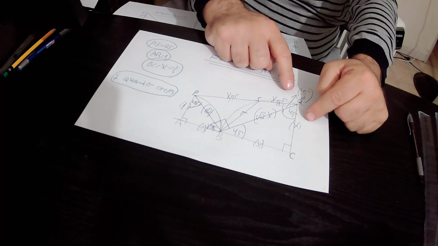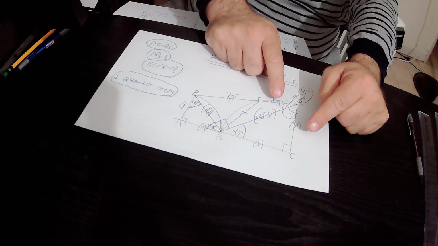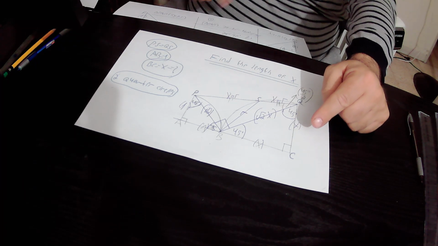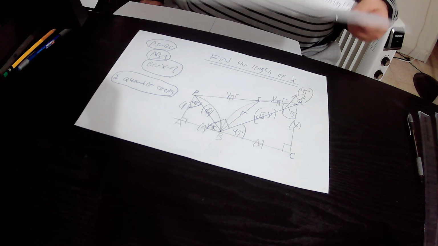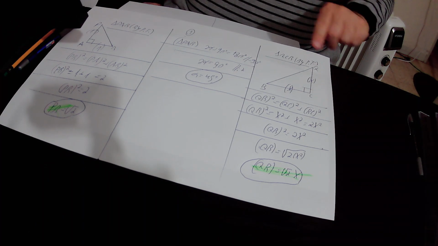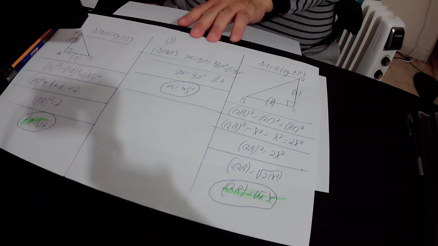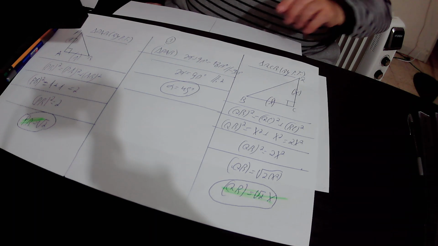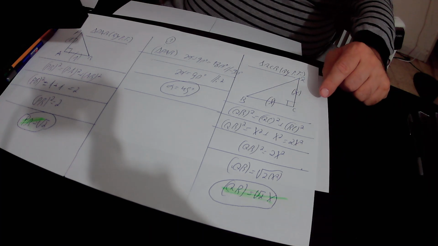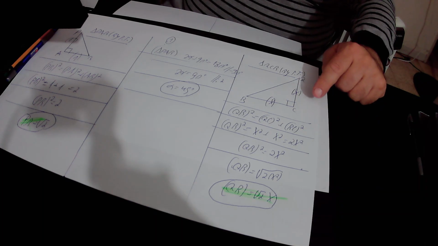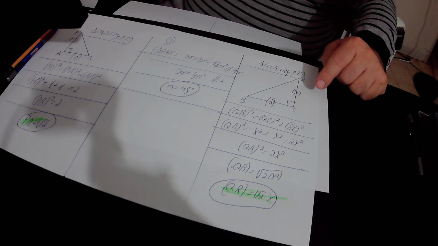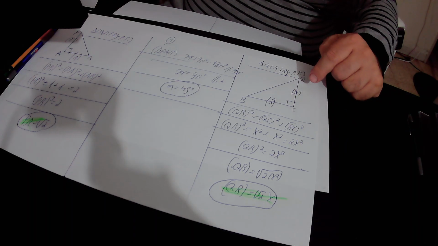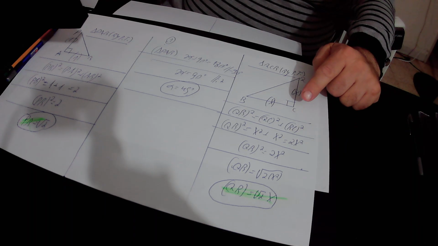Then I copied the right triangle QCB in a new page and implemented the Pythagoras theorem in this right triangle QCB. Actually, this is the right triangle QCB that I copied from the original drawing. In this right triangle QCB, QB square equals QC square plus BC square.